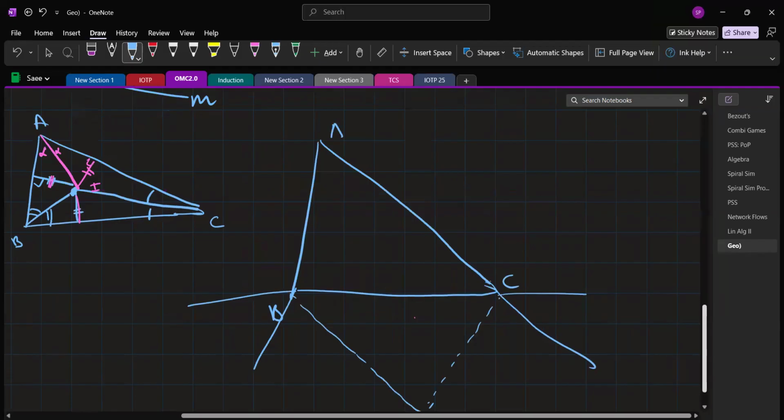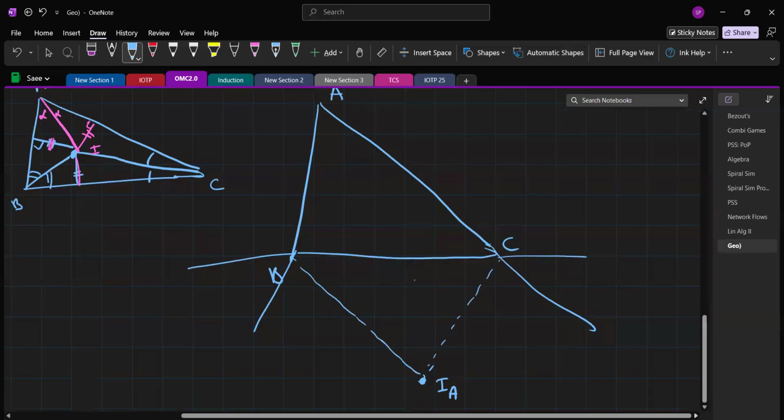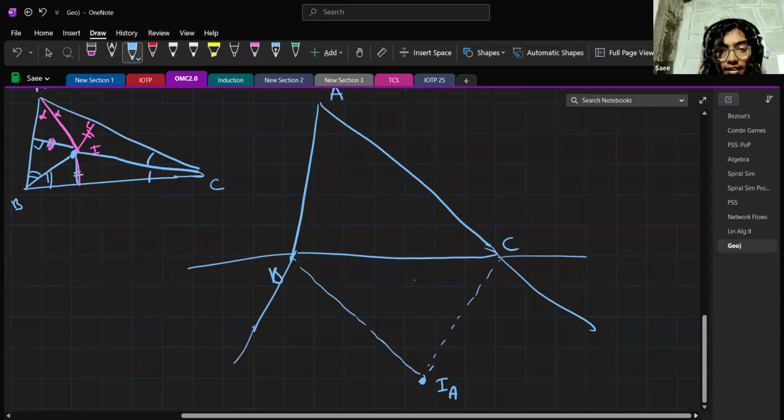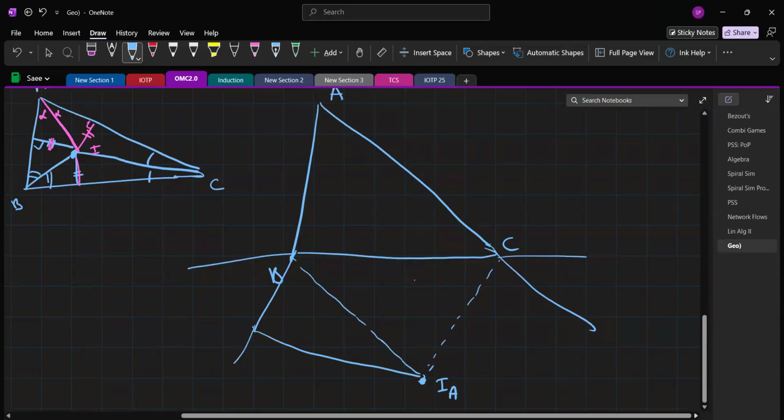Again, it will lie on the angle bisector of A, since the distance of the point from AB will be equal to the distance from AC, and that implies it lies on the angle bisector. Yes.